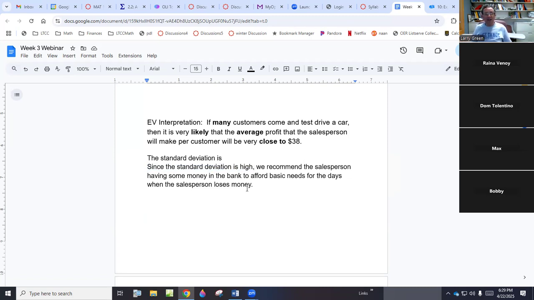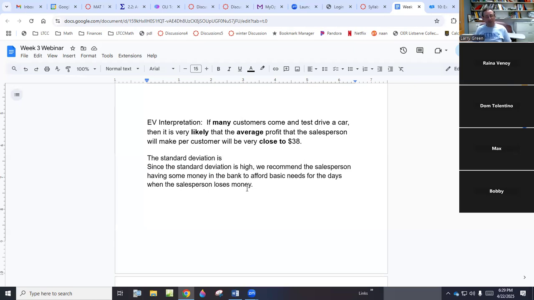That salesperson better have some extra money. Otherwise, there may be a day where the salesperson makes nothing or actually loses money, and if there's no money in the bank, you don't have enough money to go to the grocery store. Any questions on that idea?